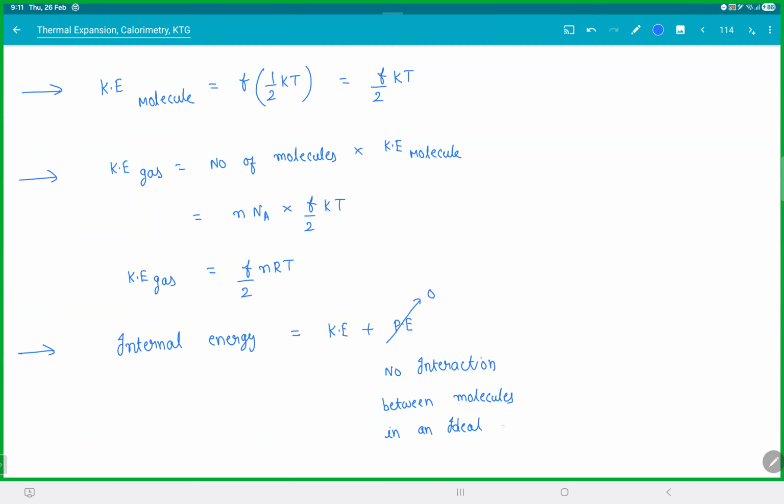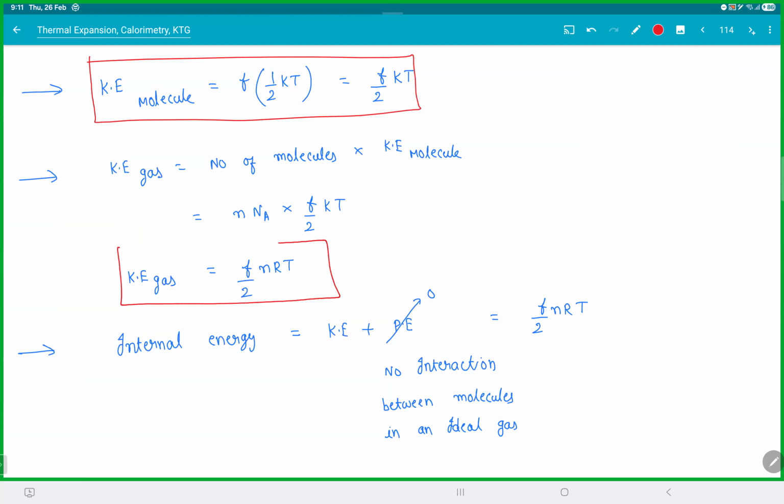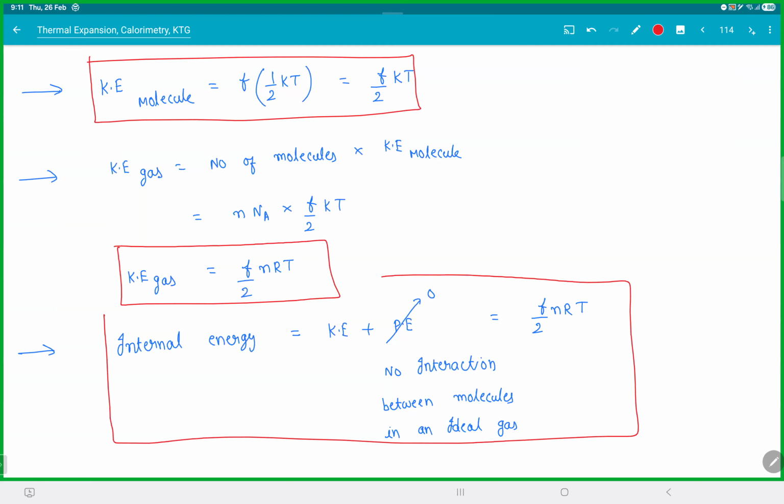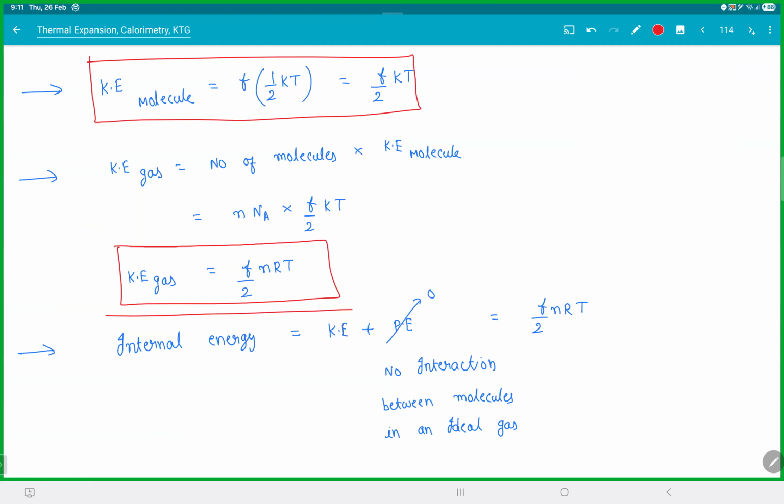That means the internal energy of a gas is simply the kinetic energy, which is f by 2 nRT. This is the kinetic energy of the molecule, this is the kinetic energy of the gas, and this is your internal energy of the gas, which is the same as the kinetic energy of the gas. Clear?